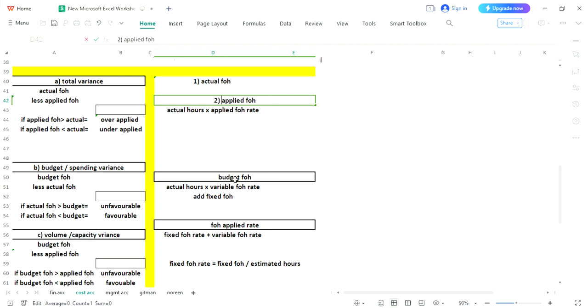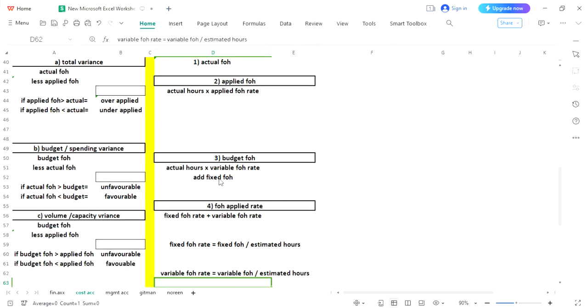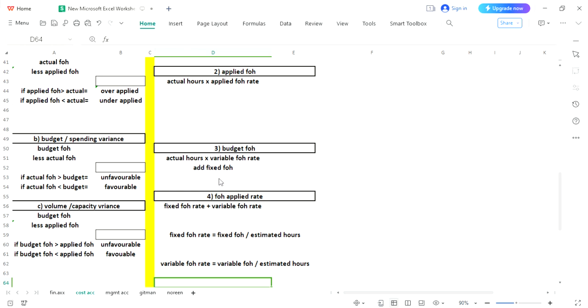The third calculation you will make is for budget FOH. The fourth calculation you will make is for your FOH applied rate, and after calculation of this rate, these inputs will be used to calculate your variances.